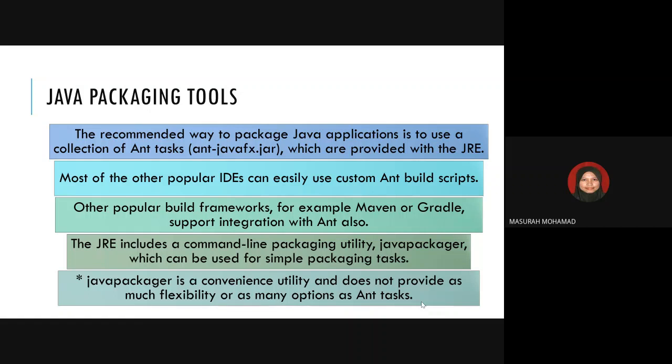Other popular build frameworks, for example Maven or Gradle, support integration with Ant. The JRE includes a command line packaging utility, Java Packager, which can be used for simple packaging tasks. So what is meant by Java Packager? It is a convenient utility and does not provide as much flexibility or as many options as the Ant task. So the Ant task is one of the Java packaging tools.